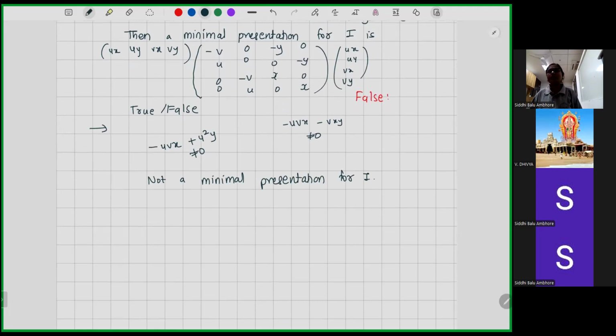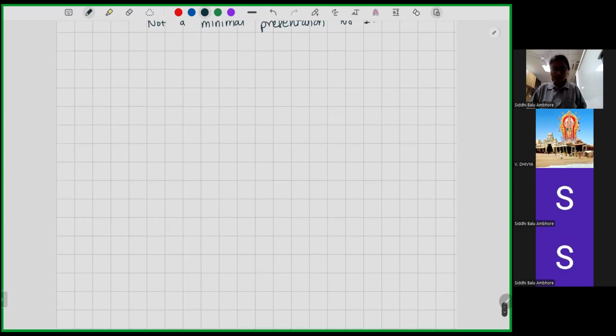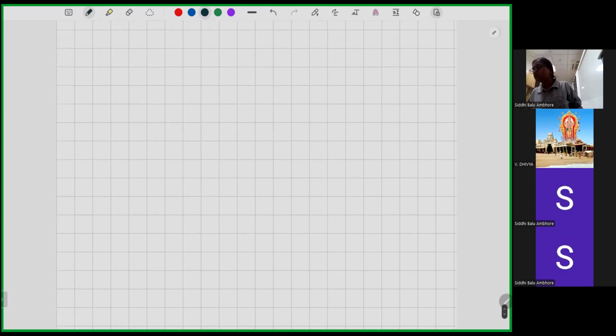Any other question? If not, let us move to the next question. The next question is also related to what we said. It is a question related to graded Betti numbers.